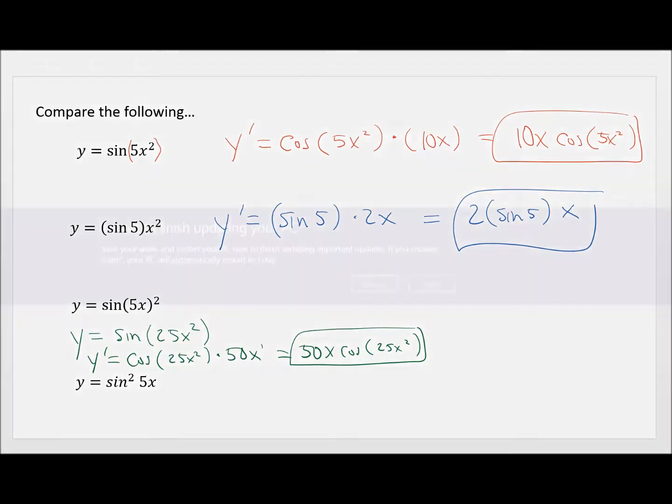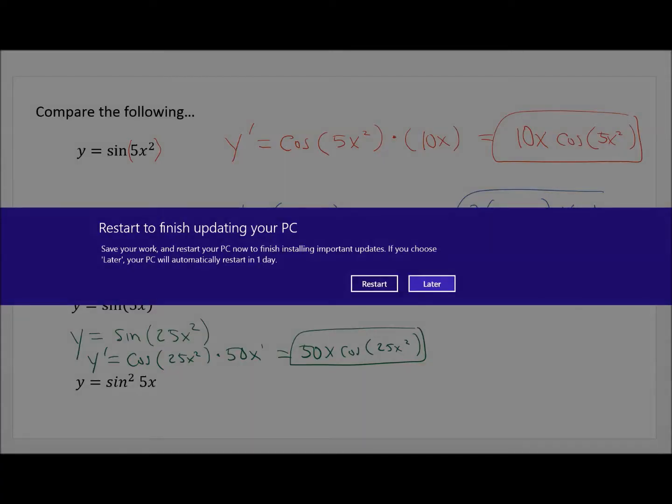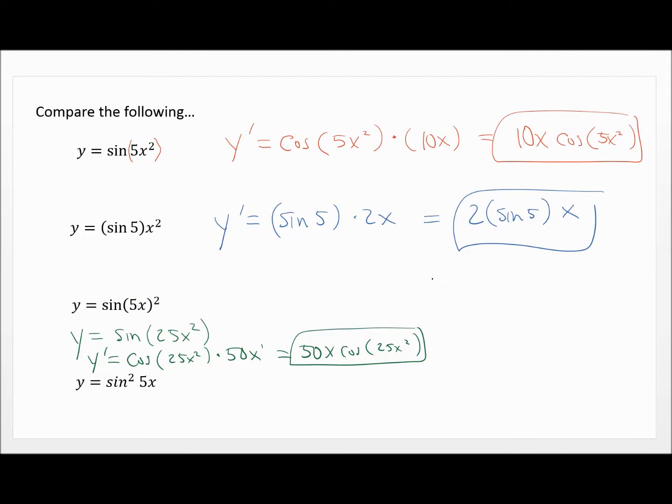Okay, then we could think about this as the chain rule twice, right? More confusing, but let's try it. So y prime, again, the outside function is sine, so it's cosine.